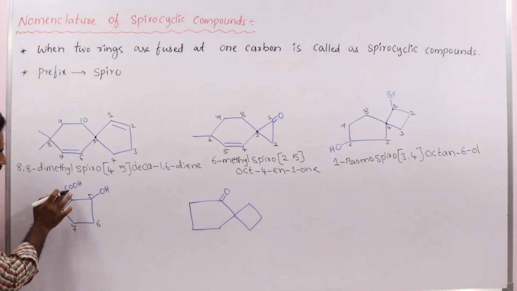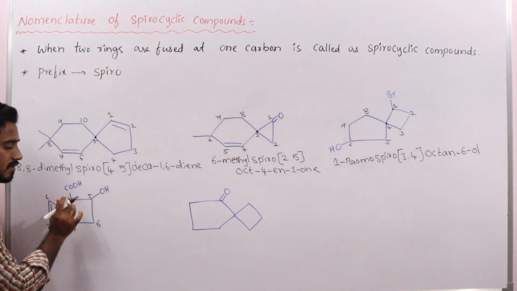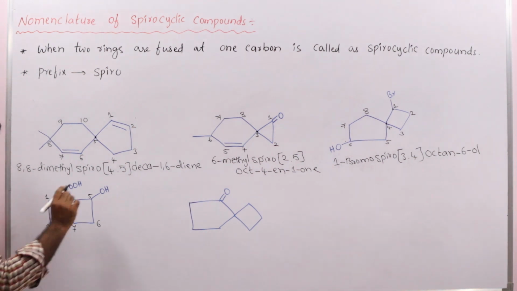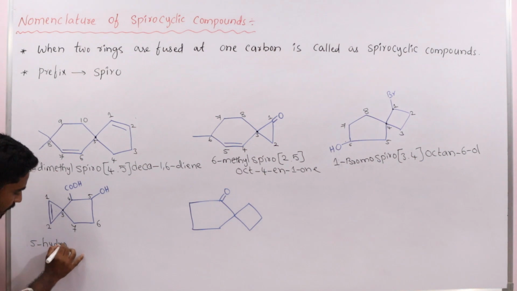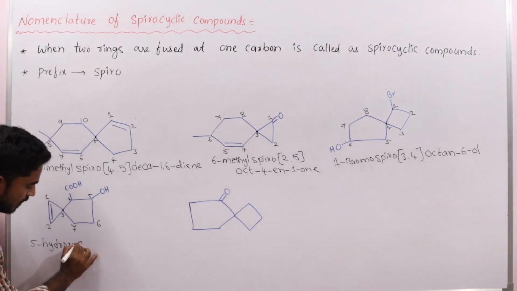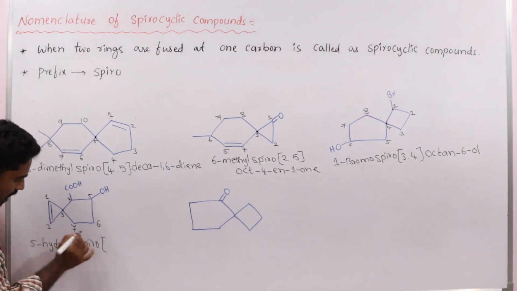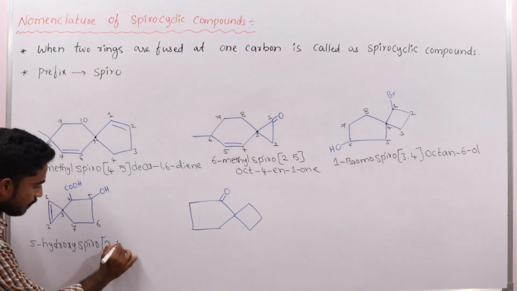So here, when 2 functional groups are present, one functional group we have to take as a substituent and one functional group as the main suffix. That's why here 5-hydroxy spiro, in square brackets here 2 carbons, that's why 2 dot, here 1, 2, 3, 4.